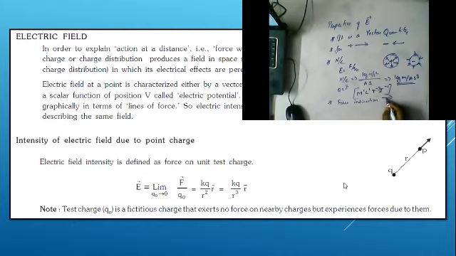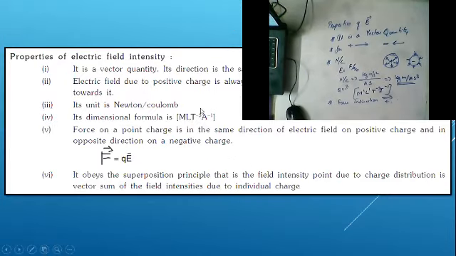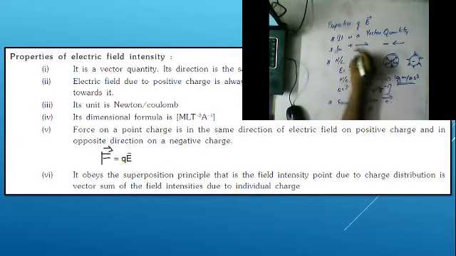For example, if a positive charge is present, both will be positive. We just discussed that for a positive charge the field is away, and for a negative charge it is towards.